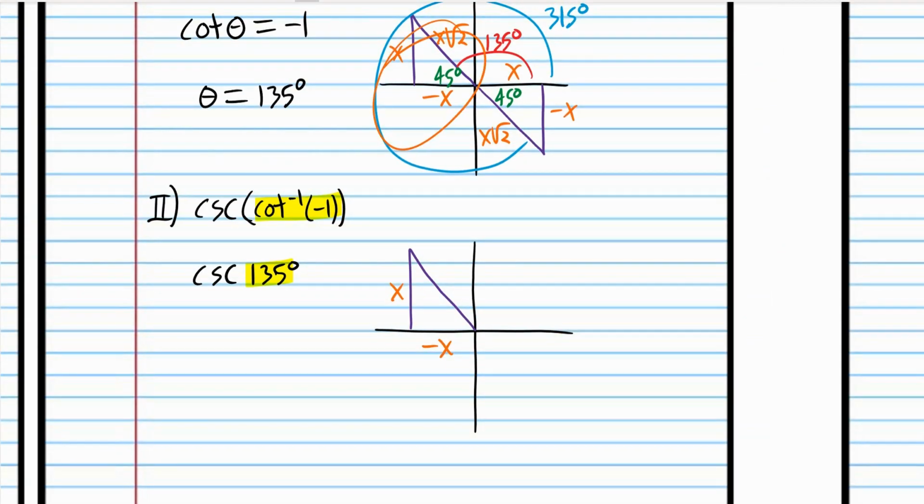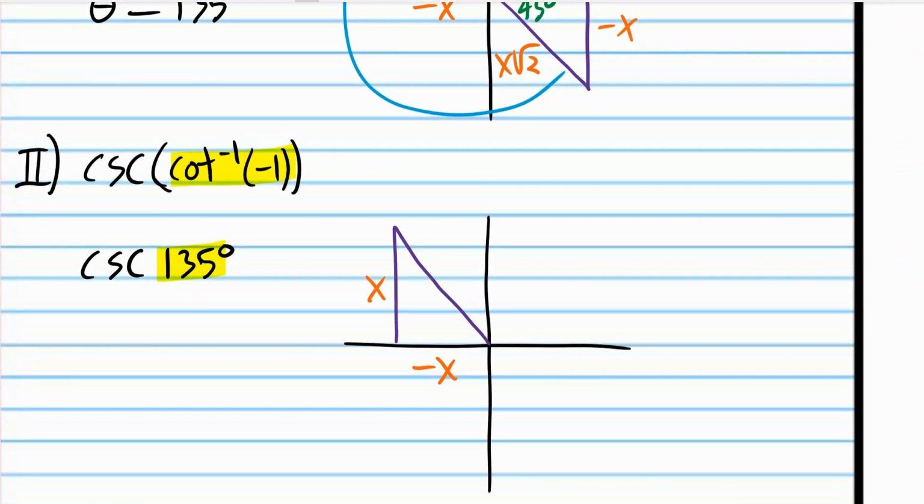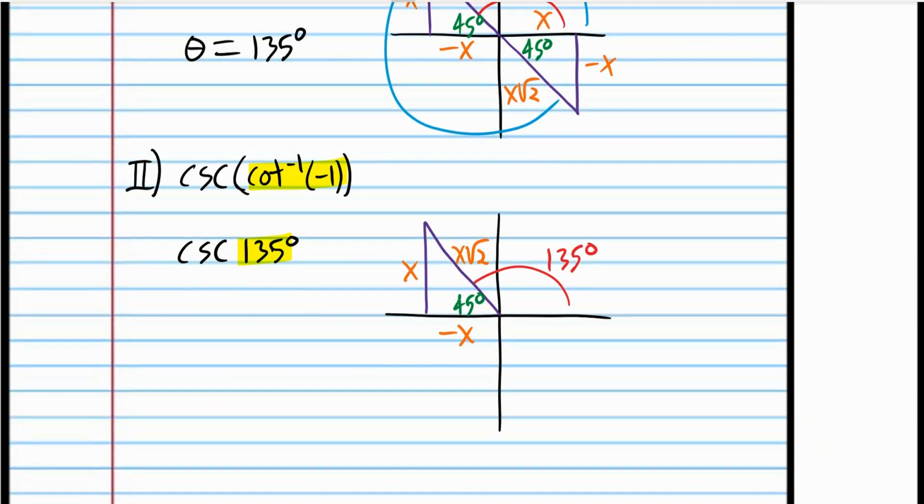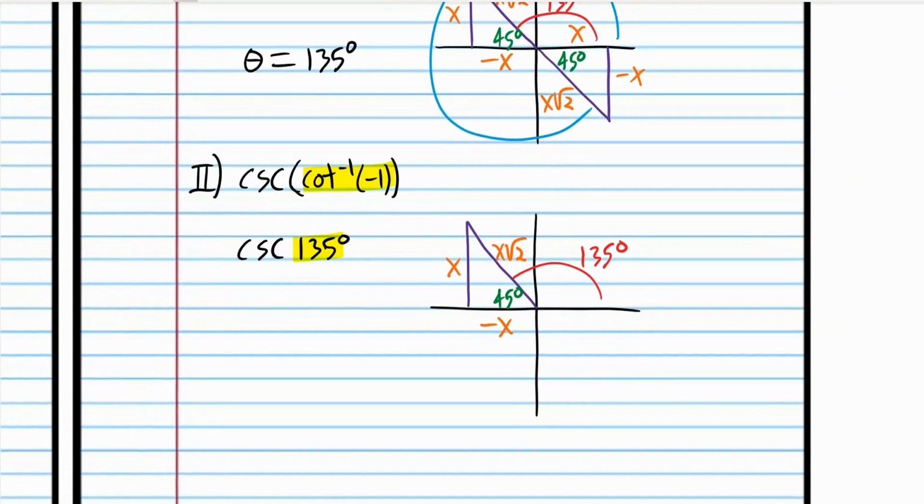We could actually just use this triangle, really. So obviously this is a 45, 45, 90 degree triangle. And we want cosecant 135 degrees. That's going to be the hypotenuse over the opposite side. So x root 2 over x, which is just going to be root 2.